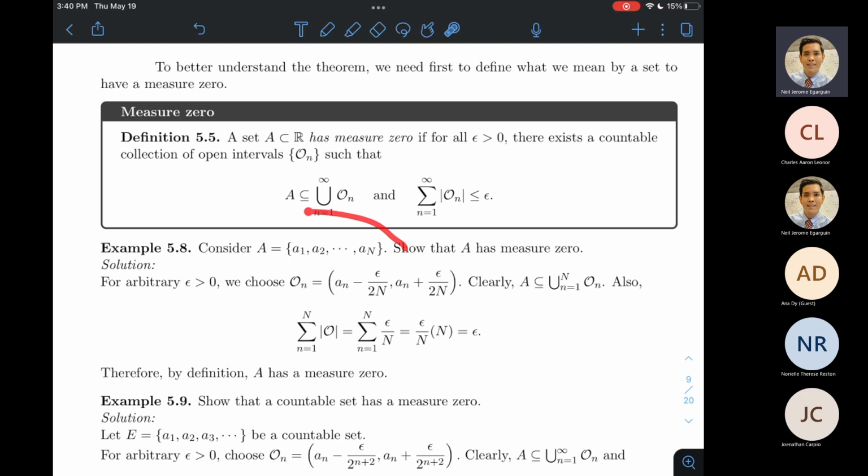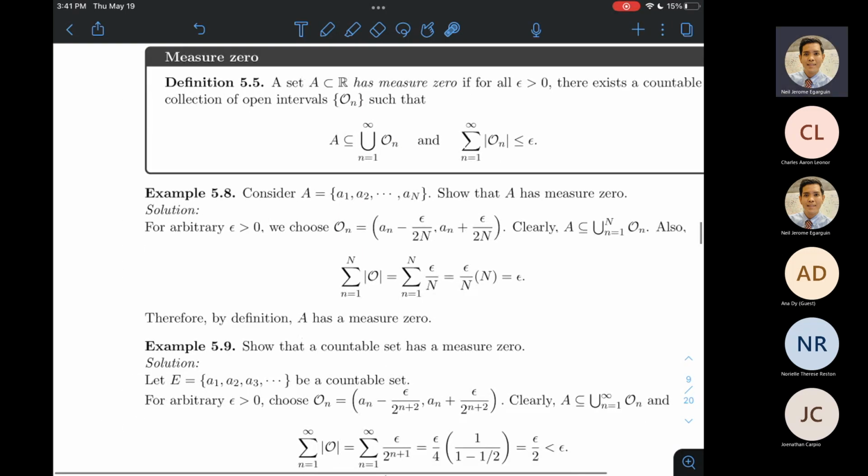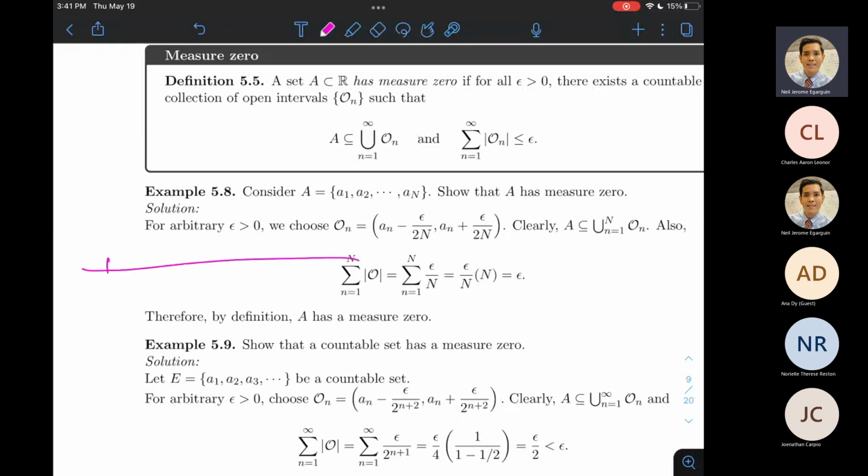Pero kapag meron kang isang finite set, A1 to A sub capital N, ito ay measure zero. Kasi ang mangyayari lang ay, kapag dinrawing ko sila dito, A1, A2, A3, A5, AN, okay?